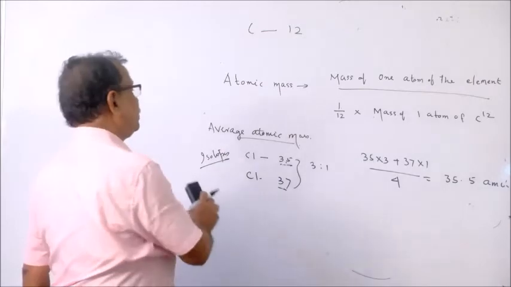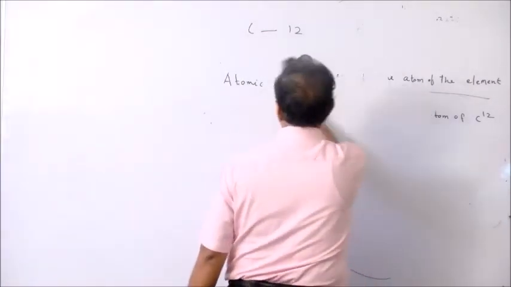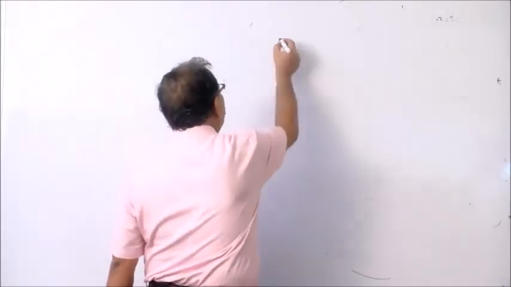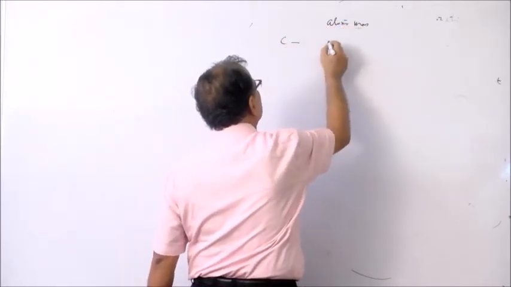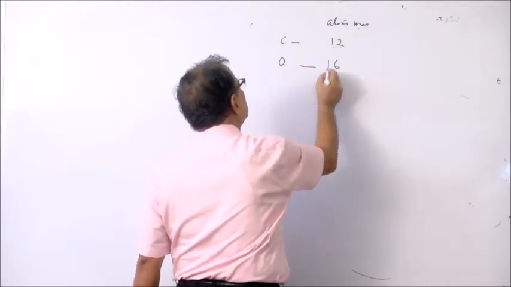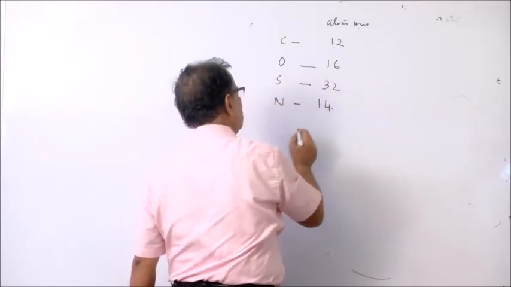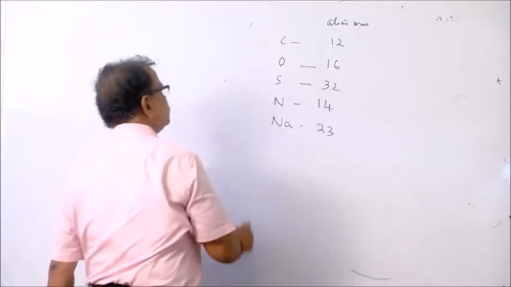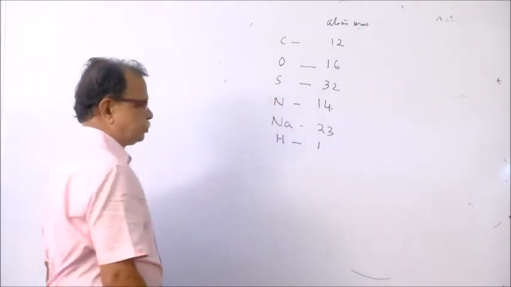Similarly, we can explain the molecular mass. In atomic mass, the standard carbon atomic mass is 12, oxygen 16, sulfur 32, nitrogen 14, sodium 23, hydrogen 1, like this.